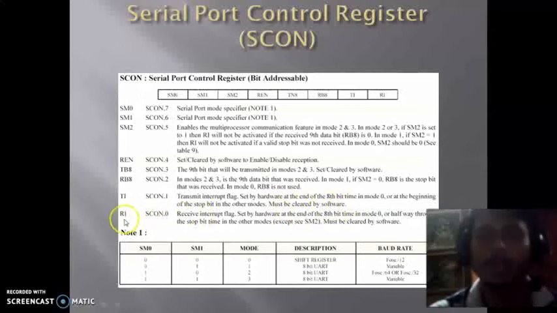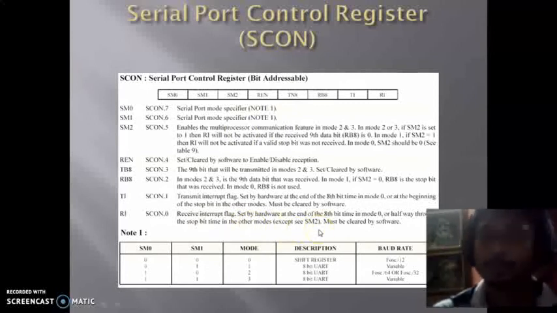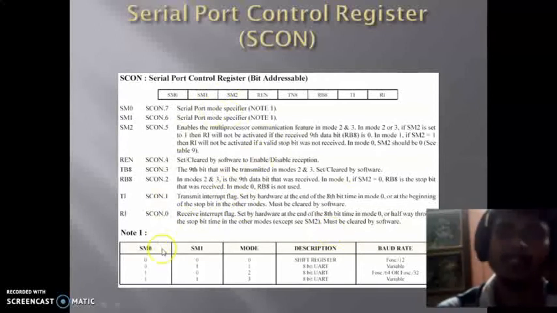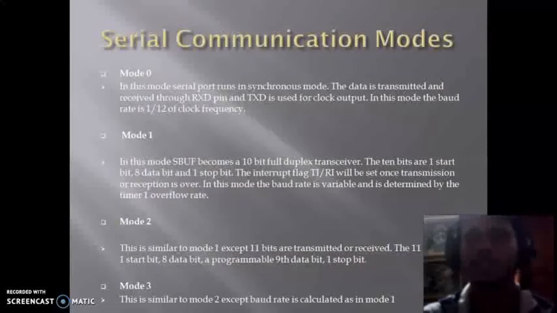Now RI is the SCON.0 bit, the receive interrupt flag, set by the hardware at the end of the 8th bit time in mode 0, or halfway through the stop bit time in the other modes, except for SM2, and it must be cleared by the software also. So these are the functions of the SCON register.